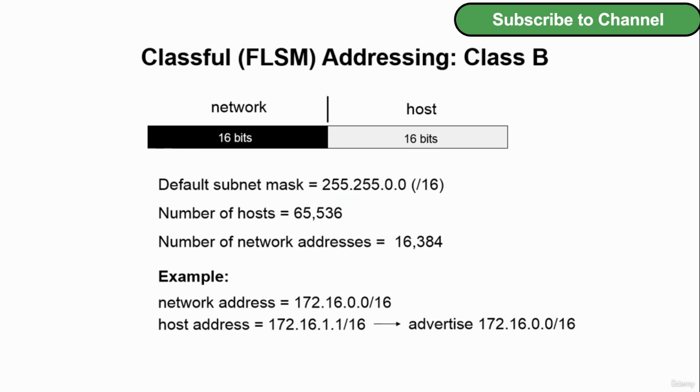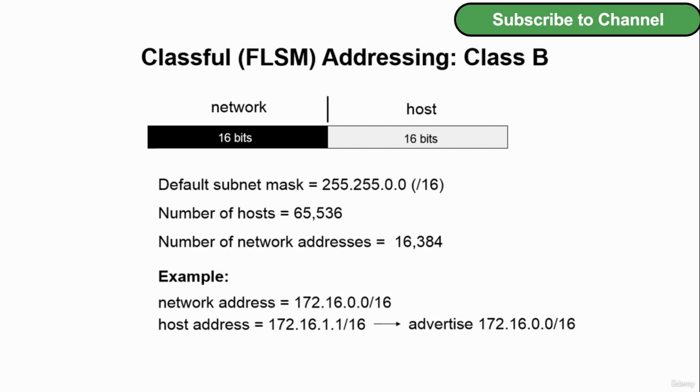So the number of hosts jumps to 65,000 because it's 2 to the power 16 instead of just 254, and 16,000 network addresses. There's no practical value for that number of hosts, with 65,000 devices, network interfaces really, for a segment or a broadcast domain. So it's just not practical.